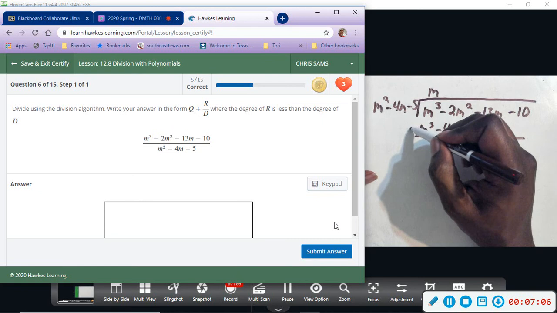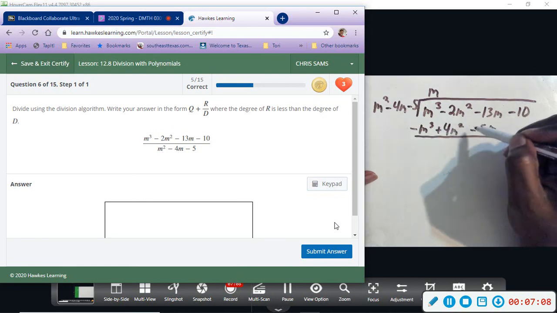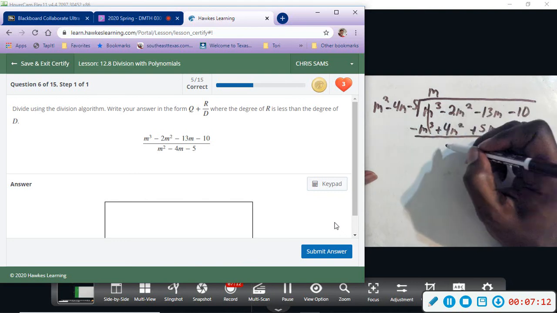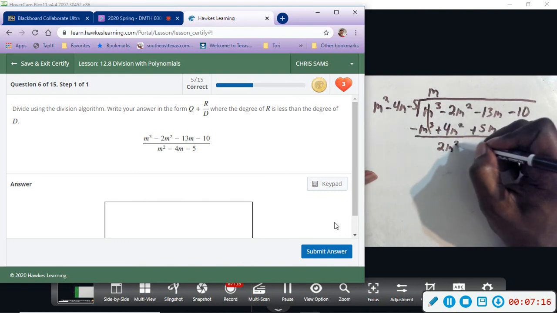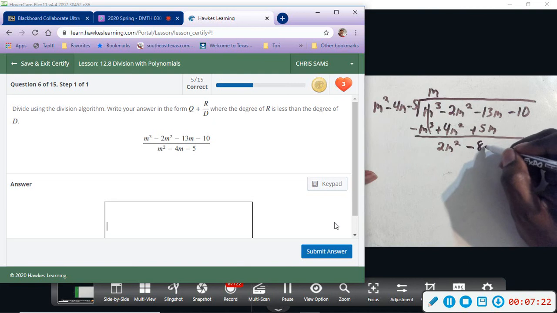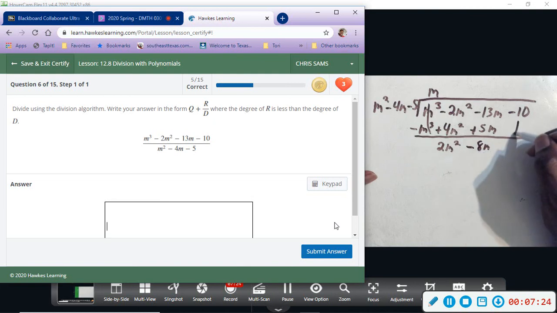Change the sign. Negative, positive, positive, and combine. That will cancel. That will give us a positive 2m squared. This will give us a negative 8m. And then bring down the next term, minus 10.